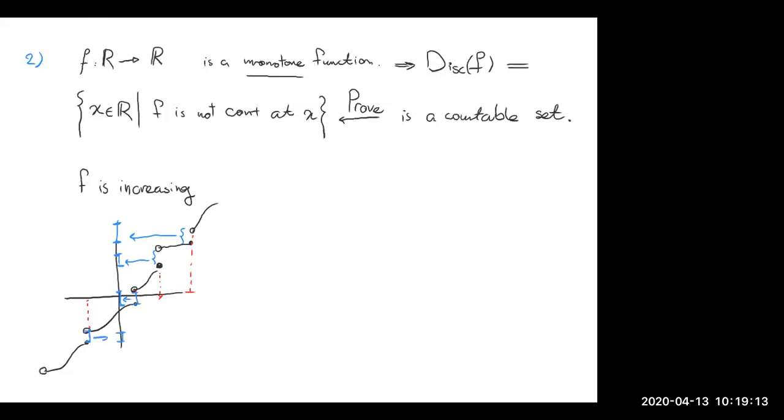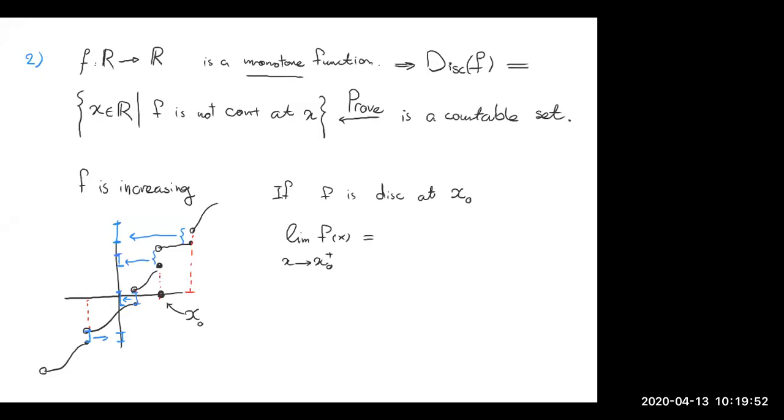Do you see? So each point of discontinuity like x, so if f is discontinuous at x, say this is a point x naught, we can look at the limit of f when x goes to x naught from, say, above.